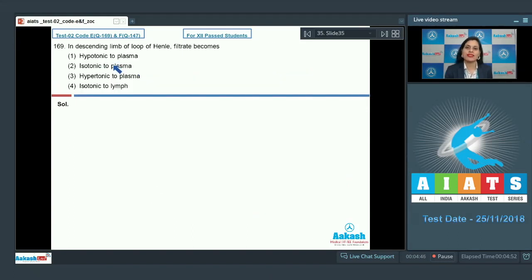Question number 169. In descending limb of loop of Henle, filtrate becomes. And we know that this descending limb of loop of Henle is also known as concentrating segment of loop of Henle.